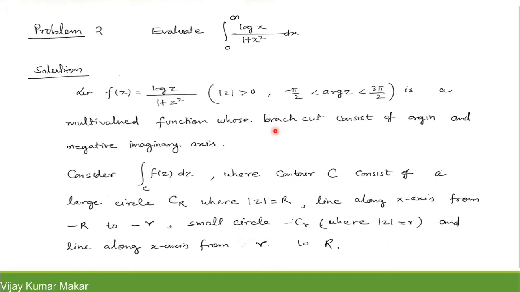This function is a many valued function whose branch cut consists of the origin and the negative imaginary axis. Okay, we cut from minus pi by 2 to 3 pi by 2.